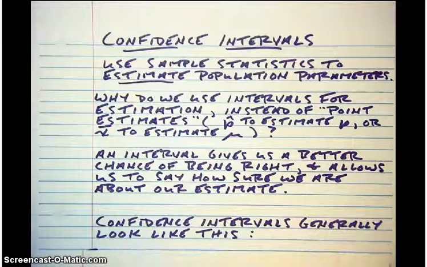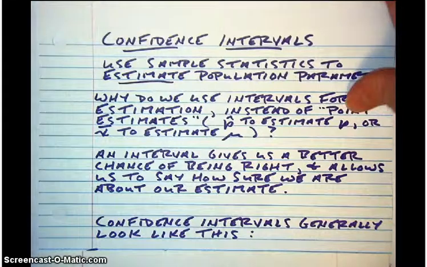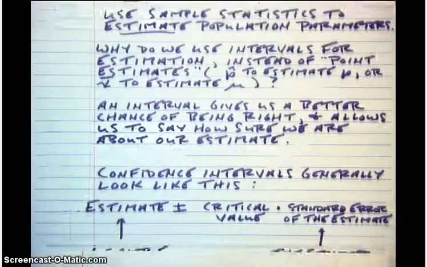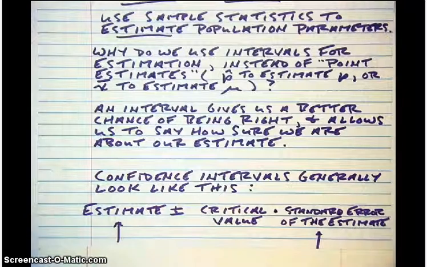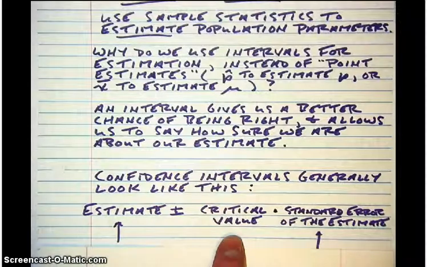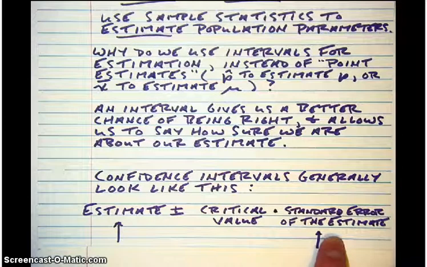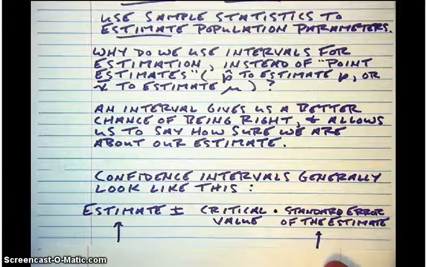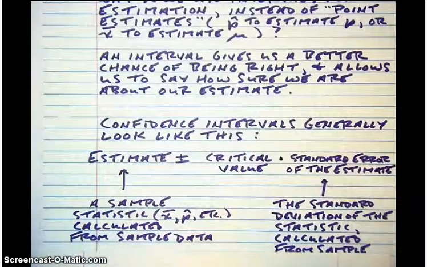Now, confidence intervals generally have this kind of format. They consist of an estimate plus or minus a critical value times a standard error of the estimate. Now, two-thirds of this formula will come from sample data. This estimate comes from a sample statistic.